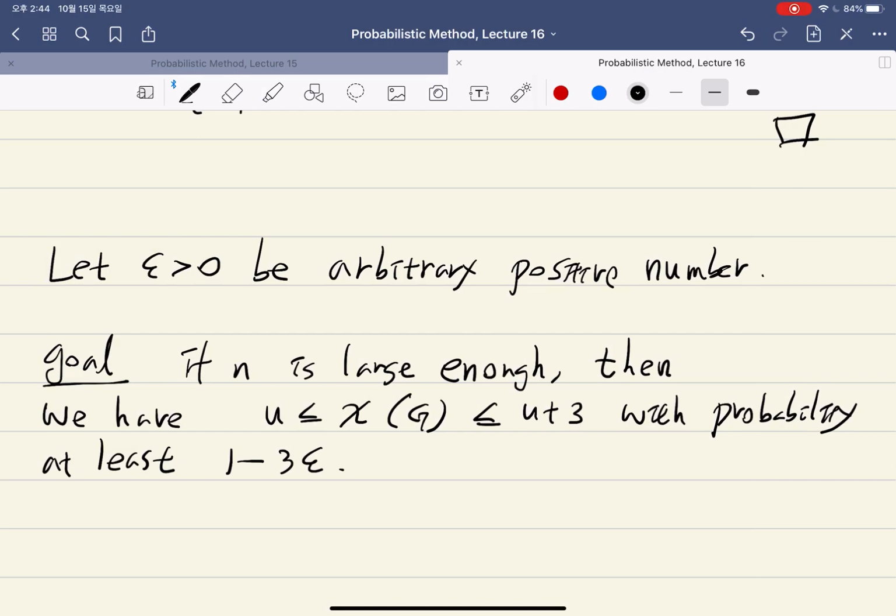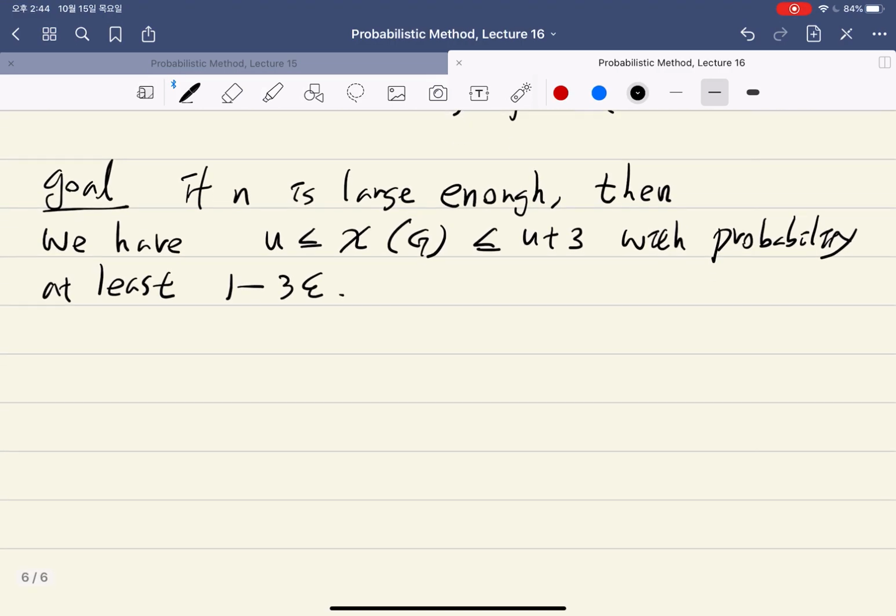So it's the same. Epsilon, 3 epsilon, that's not really important here, but in the later proof, the numbers are better if you write 3 epsilon.